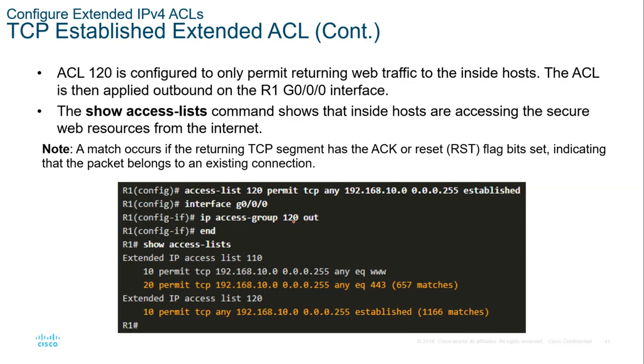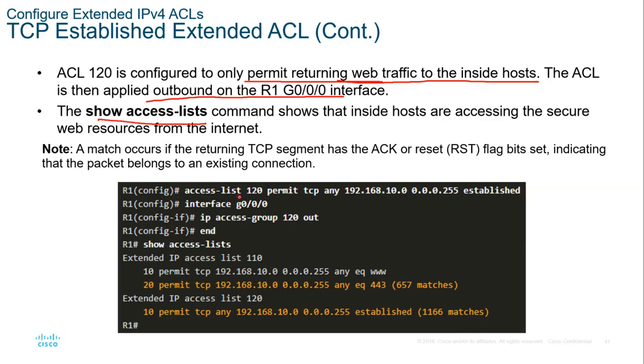TCP established extended access control: ACL 120 is configured to permit returning web traffic to the inside host. The access list is then applied outbound on the R1 G0/0 interface. Once you've done that, show access-list.